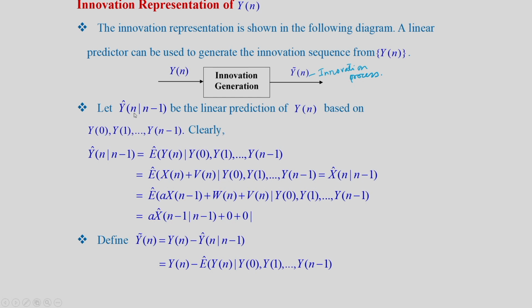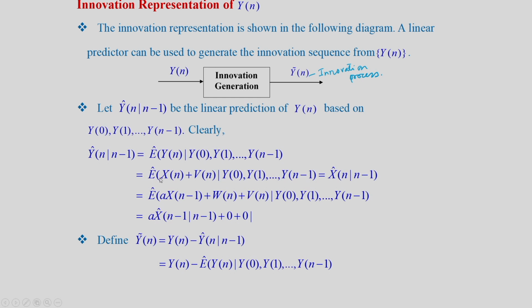Let y hat n given n minus 1 be the linear prediction of yn based on all past data, that is y0, y1 up to yn minus 1. Clearly, y hat n given n minus 1 is the LMMSE estimation of yn given y0, y1 up to yn minus 1.